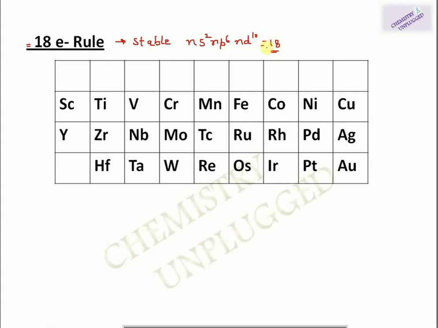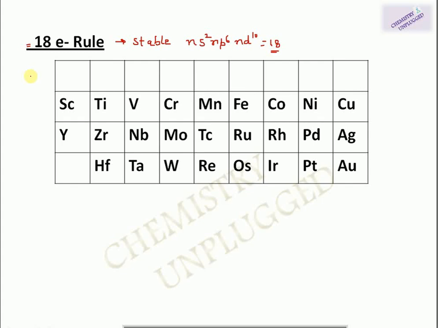So how do we calculate 18 electrons in an organometallic compound? First, we should have knowledge about the electron contributions by the different ligands, and we have already discussed that in the first part. We are following the neutral rule because it is easier.